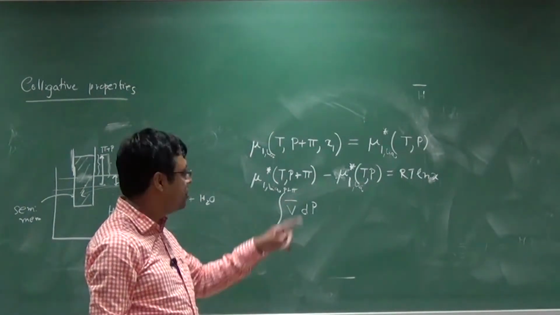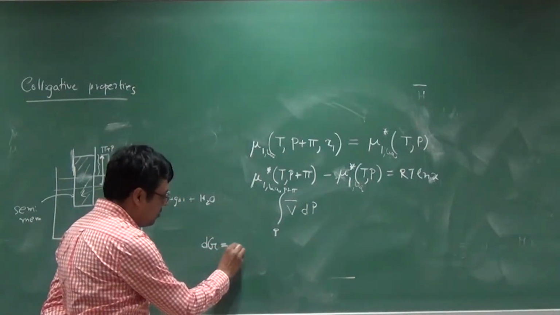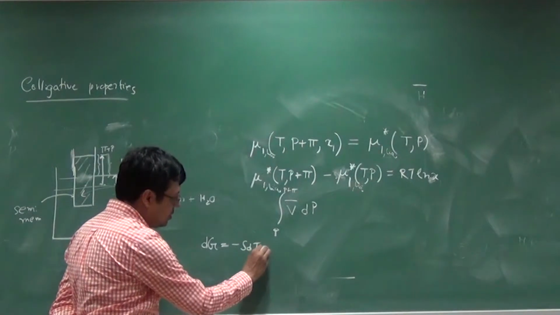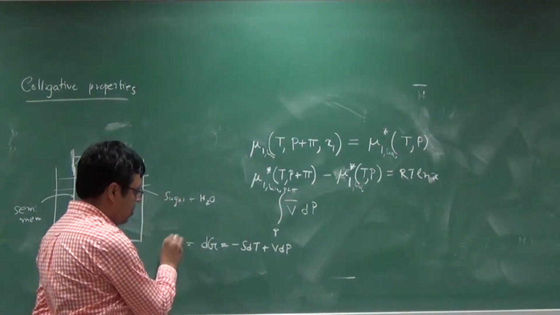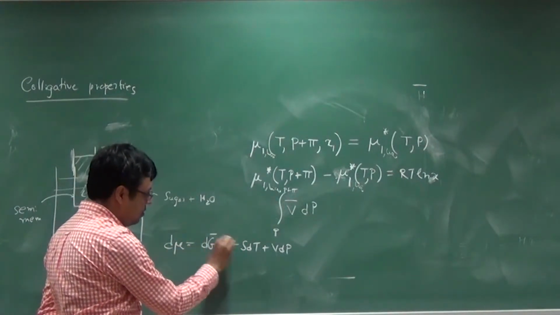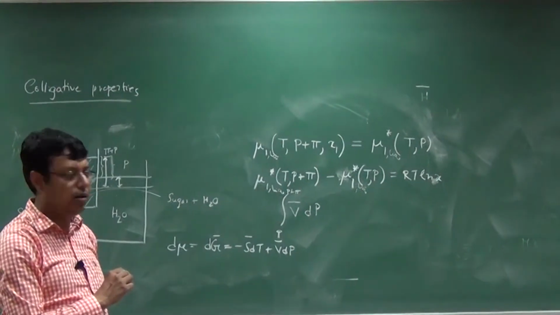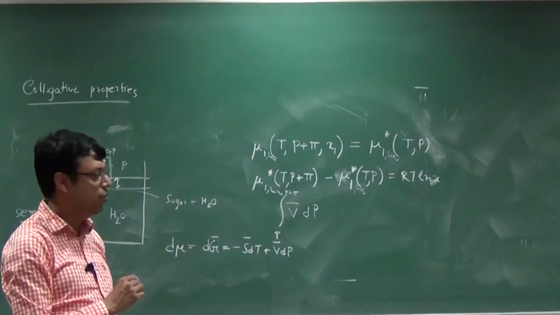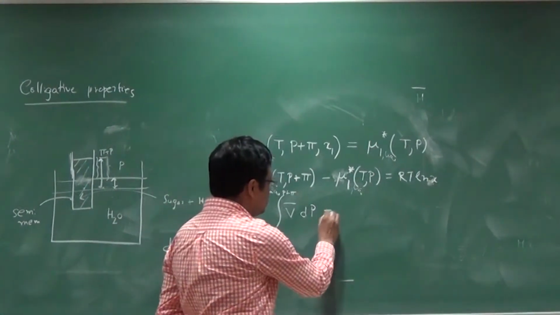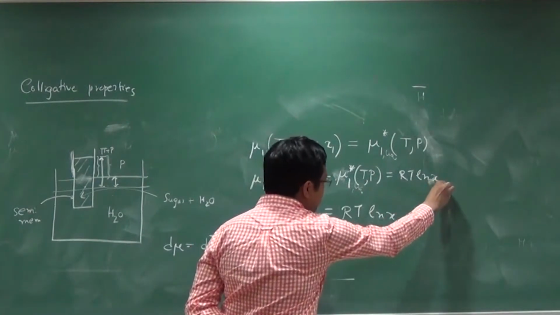This arises because of a pressure difference, and I know the change in chemical potential is this. The d mu is nothing but all the molar quantities; for constant temperature, I will have only the VdP term. So this is nothing but RT ln X, or I was writing X1 probably.